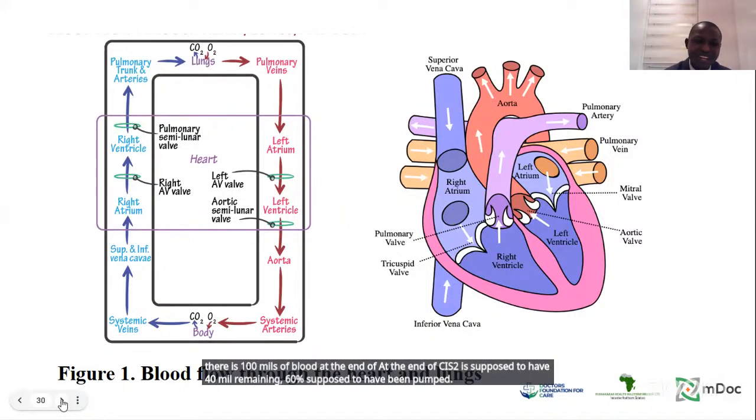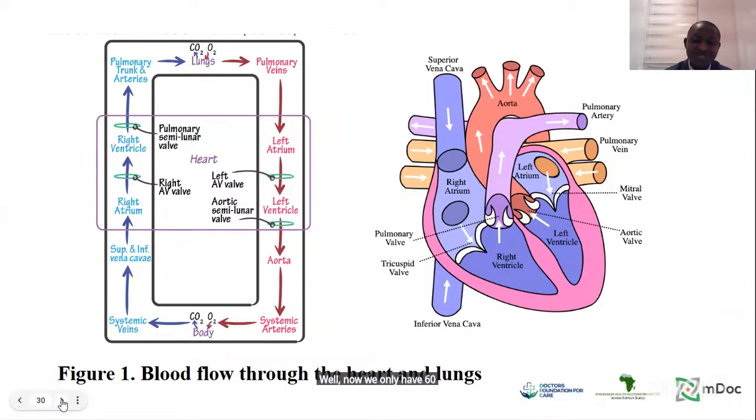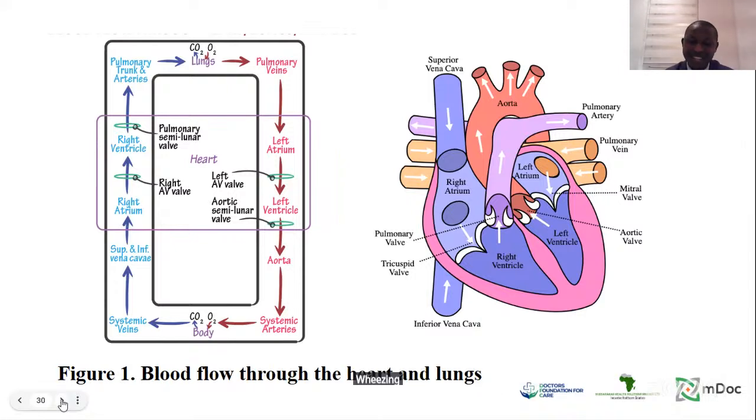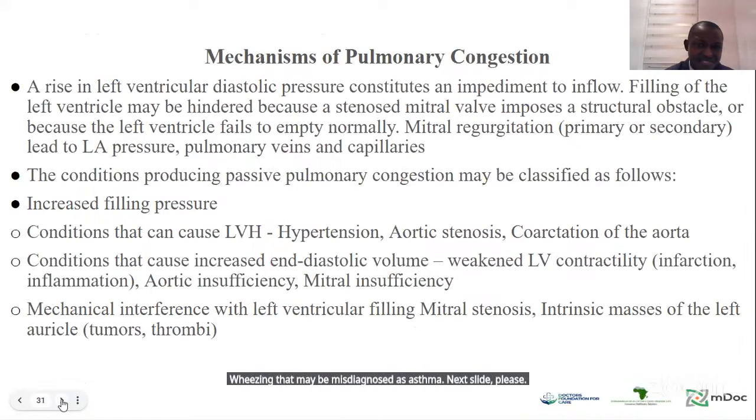But now we have 60 mils remaining, only 40% was pumped, because the cardiac function has dropped. And because of that, there will be a backlog of pressure into the left atrium. And then there will be pulmonary congestion because the lungs will not be able to empty into the left atrium. And that can lead to congestion in the lungs that can make the patient present with wheezing that may be misdiagnosed as asthma. Next slide, please.